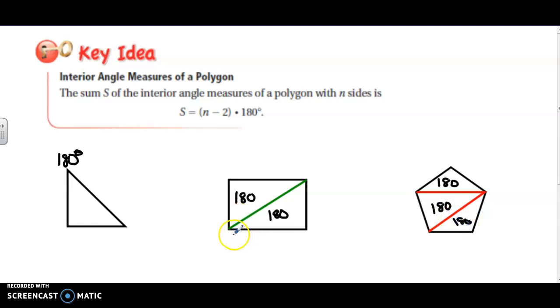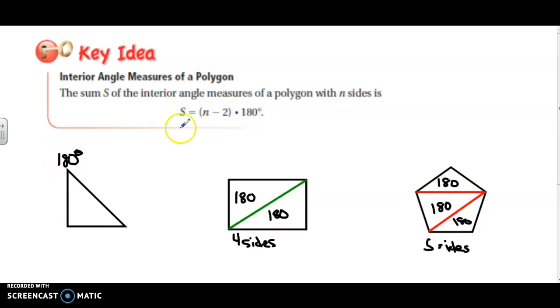So this had 4 sides and 2 triangles. This had 5 sides and 3 triangles. And of course, a triangle has 3 sides and is 1 triangle. So that is not a coincidence. So the formula is S, or the sum of all the interior angle measures, equals the number of sides minus 2 times 180.